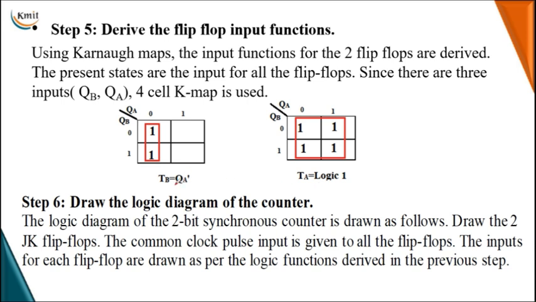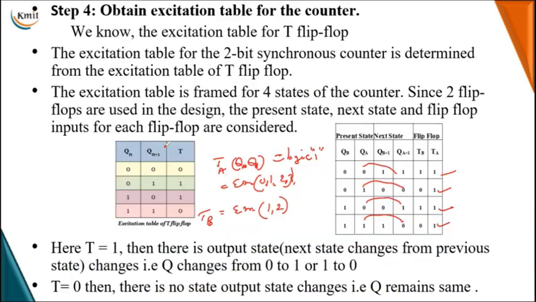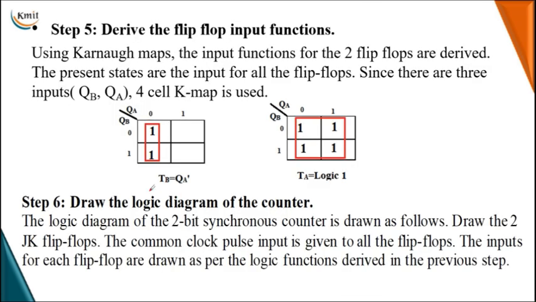So TB is equal to sigma m of 0 comma 2. TB value is 1 for 0 as well as for 2, so we map the function 0 comma 2.